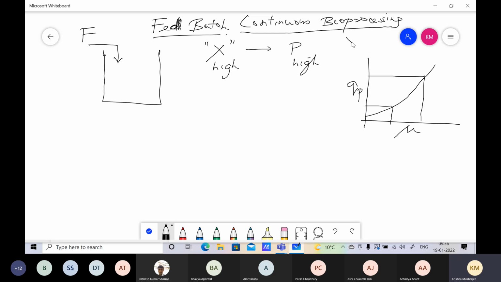So if you want to make Yp by X high, you better have a mu of high value. So the optimum mu is usually pretty high. I mean, if you make mu even higher, then QP may fall for reasons like acetate overflow mechanism, glucose overflow mechanism.